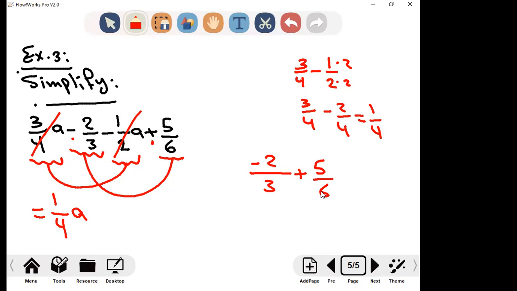Now 3 to be 6, times 2, negative 4 over 6 plus 5 over 6 equals 1 over 6. So here plus 1 over 6.